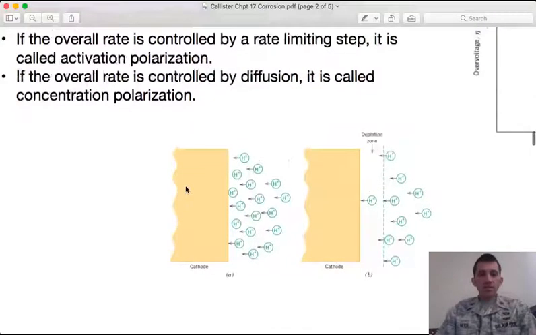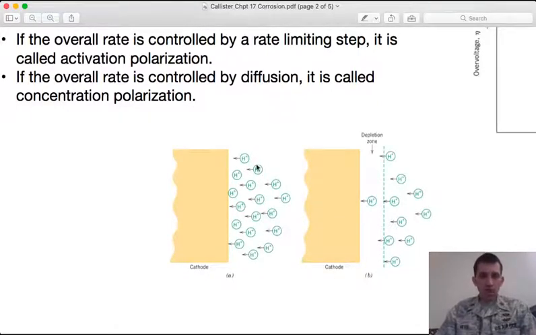In activation polarization, in many reactions, and corrosion reactions are no exception, you have various steps in the process. For instance, you may have adsorption of a hydrogen ion at the surface, and then electron transfer to that adsorbed species, and then maybe bonding with another hydrogen, and then desorption from the surface.